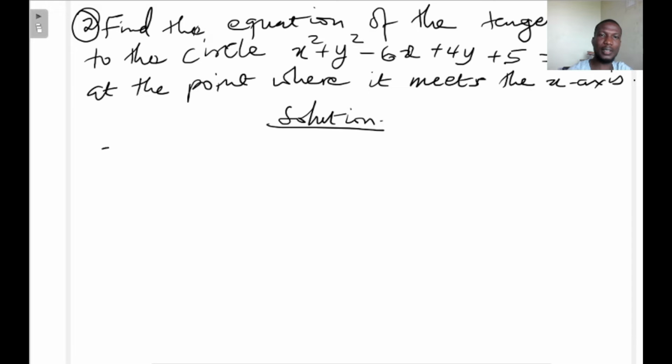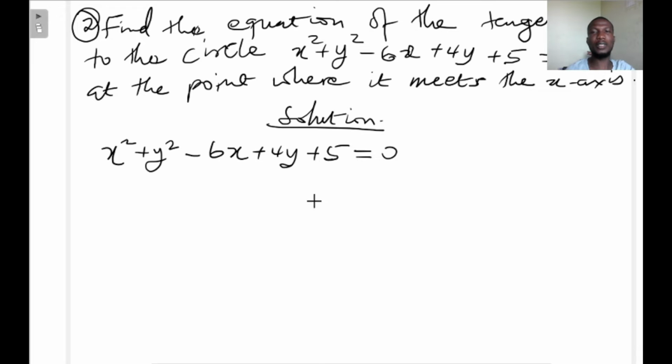We have our circle, and then they say where the circle meets the x-axis. So at the point where the circle meets the x-axis, the y value there is 0.